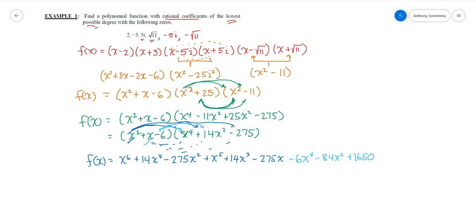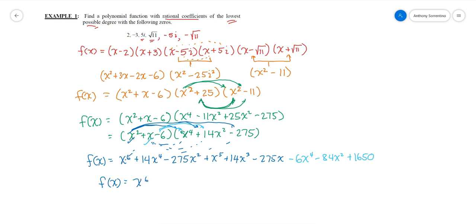And then I look to combine some like terms, and I want to write this in standard form. So as I combine these like terms, I'm going to want to start with the highest power and work my way down. x to the 6th is the highest power, and it's the only term that has it. So I'm going to write x to the 6th.